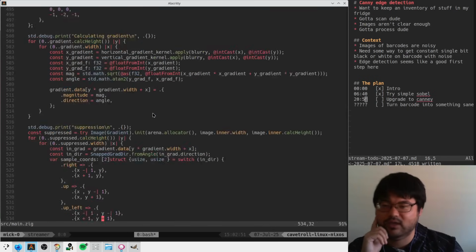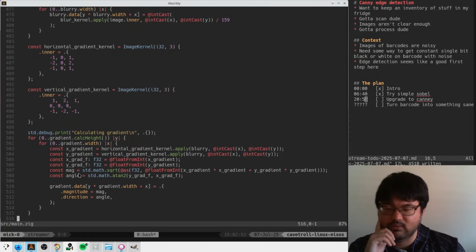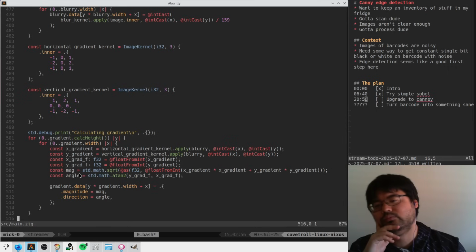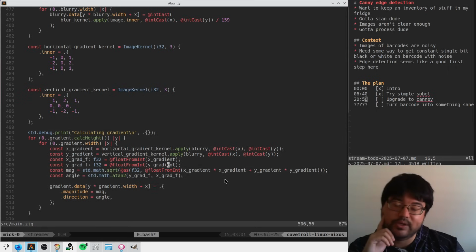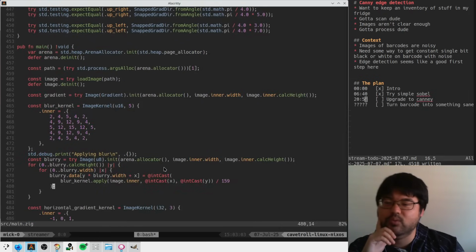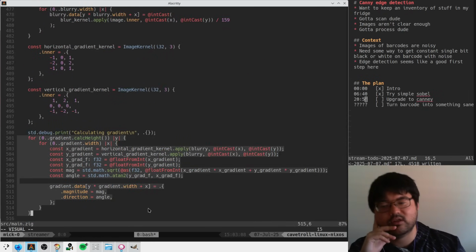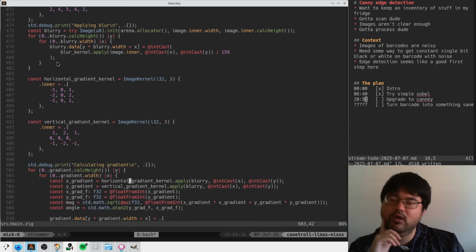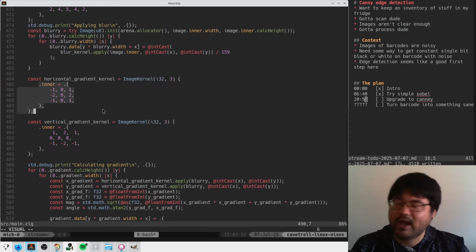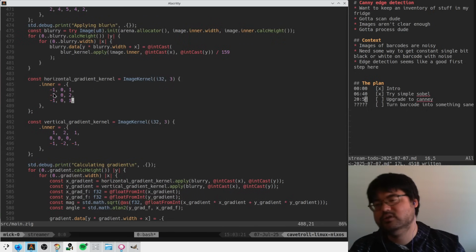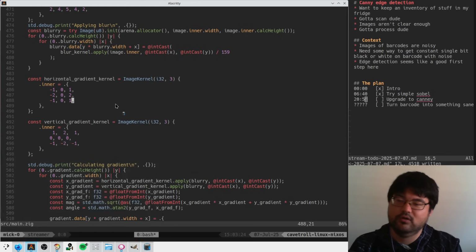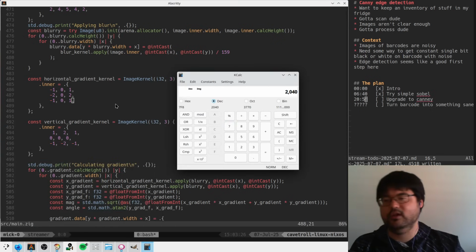Is the magnitude something that we should be able to figure out? It becomes way easier to reason about if, when we calculate the initial gradients, we clamp them into the range 0 to 1. So we should find the maximum value this could put out, which is like 255 times 8, I think.